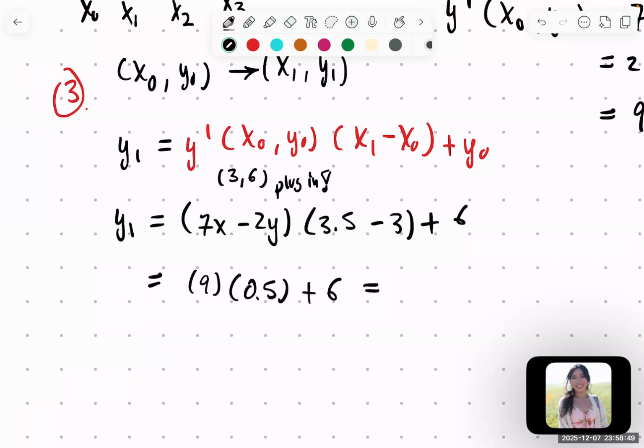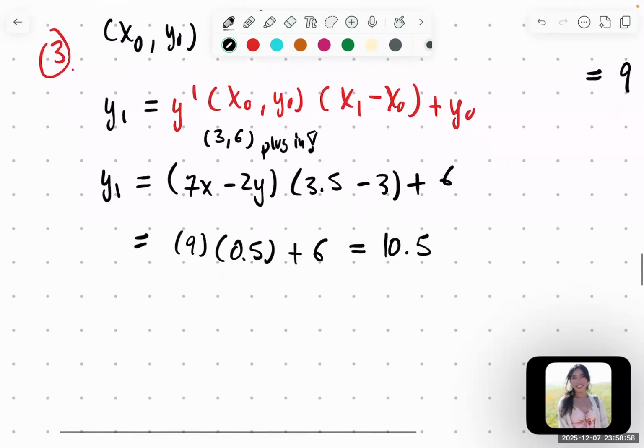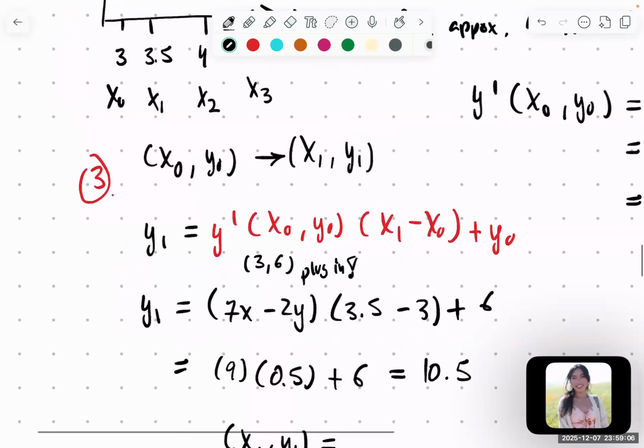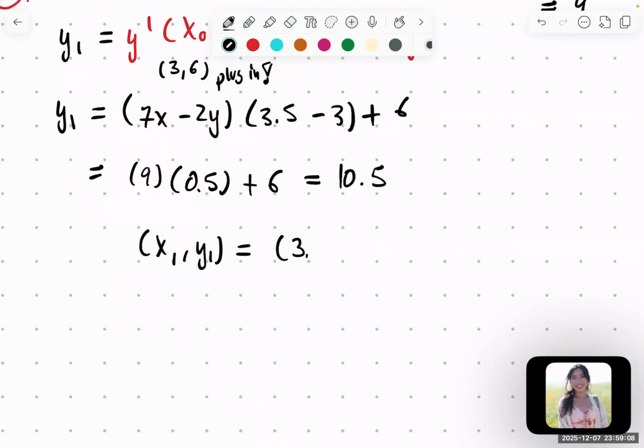And then if you do 9 times 0.5 plus 6, that is going to be 10.5. So we have now figured out our x1, y1, which is going to be x1, we go up here, 3.5, and 10.5.